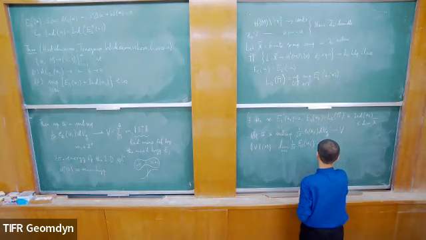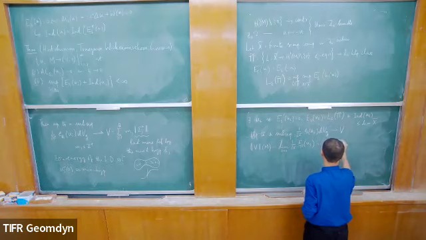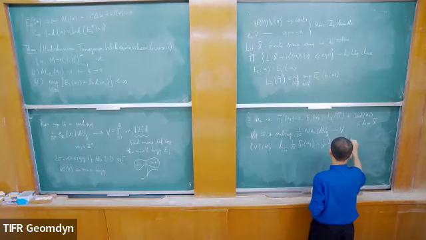So this is 1 over 2 sigma times the limit as epsilon tends to 0 of L_epsilon(pi tilde).